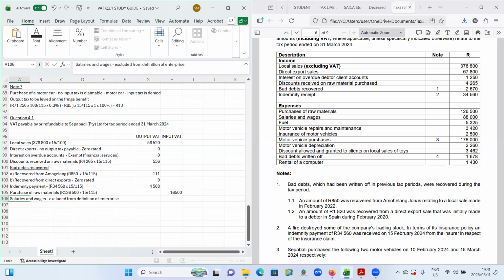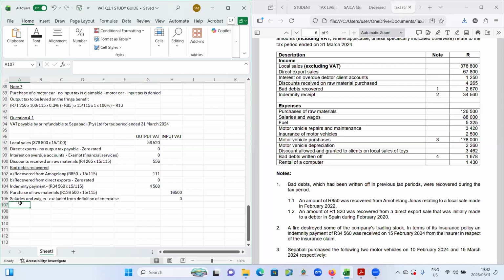Remember, VAT is only accountable when there is a supply of goods and services by a vendor in the furtherance of an enterprise. So there are a number of things that are excluded from an enterprise. For example, a hobby is not regarded as an enterprise, and salaries, like the rendering of services by an employee to his employer.